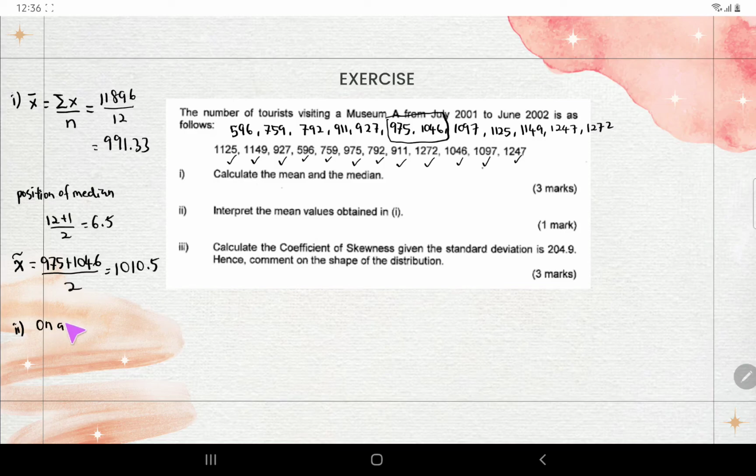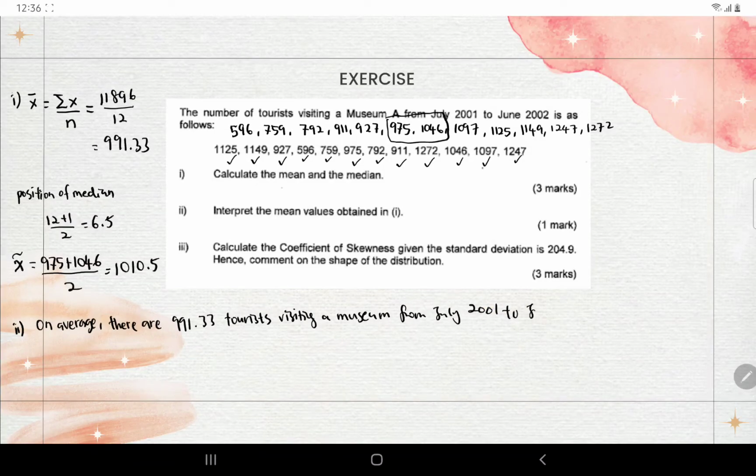So on average, there are 991.33 tourists visiting a museum from July 2001 to June 2002.